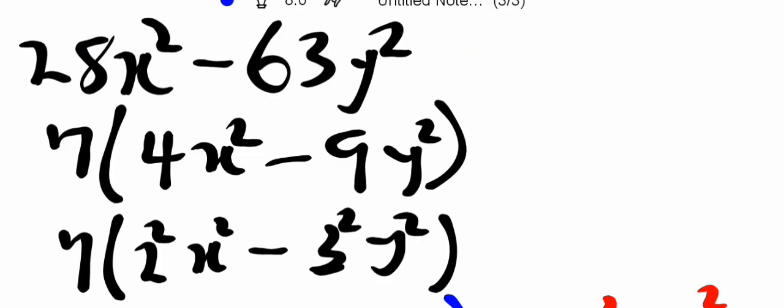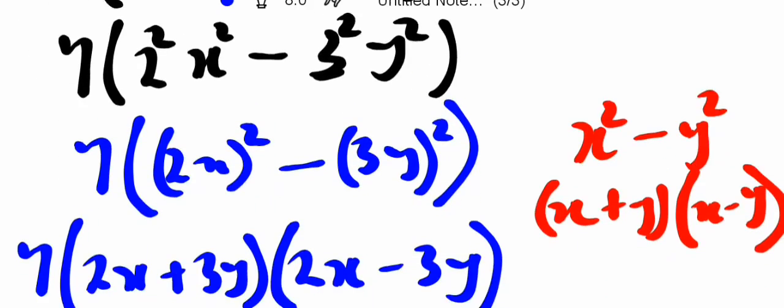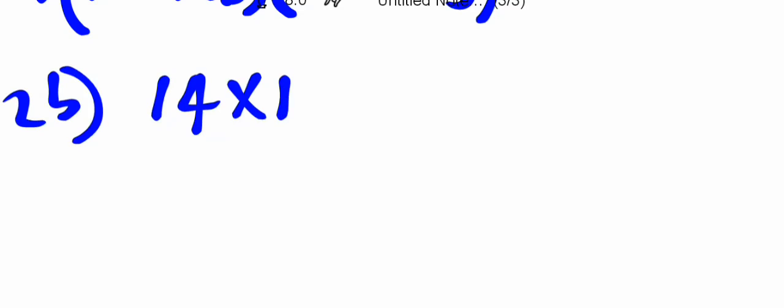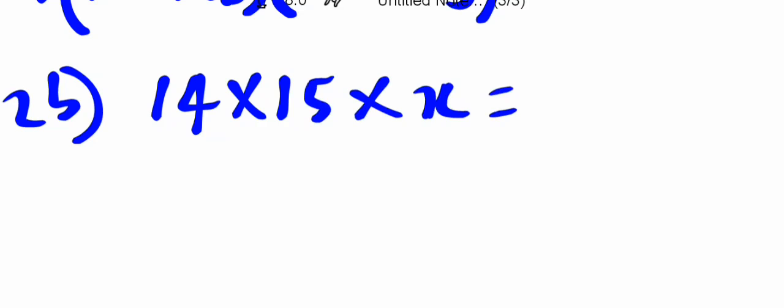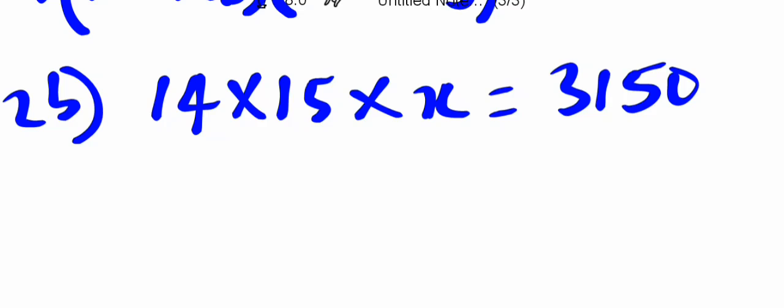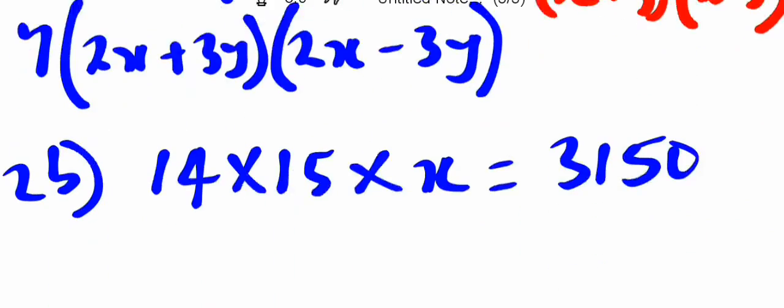And the product of the three numbers give us 3150. So we can say we have for number 2b now, 14 times 15, then times x, the unknown now, give us 3150.